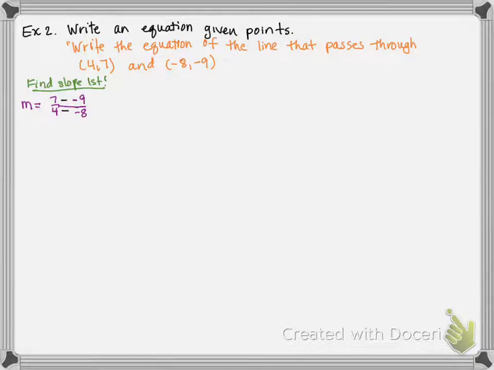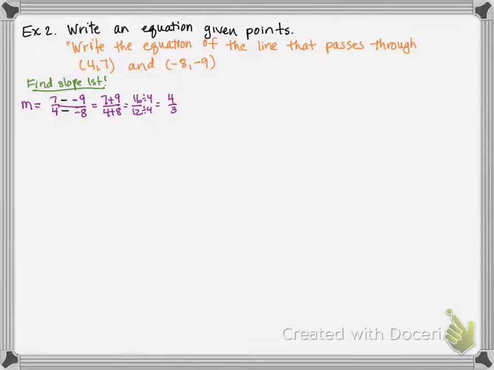Now notice I have double signs, so this is really equal to 7 plus 9 over 4 plus 8, which is going to give me 16 over 12, and then I'm going to simplify. They both have a 4 in common, and I'm going to get 4 over 3. Never, ever, ever write the slope as a mixed number. Okay? Now we have a choice.